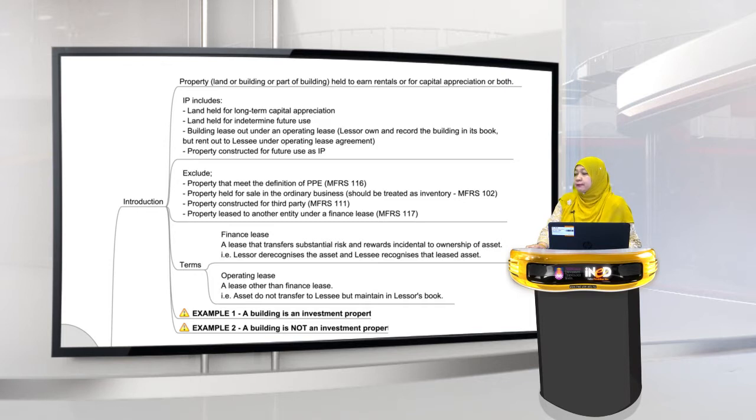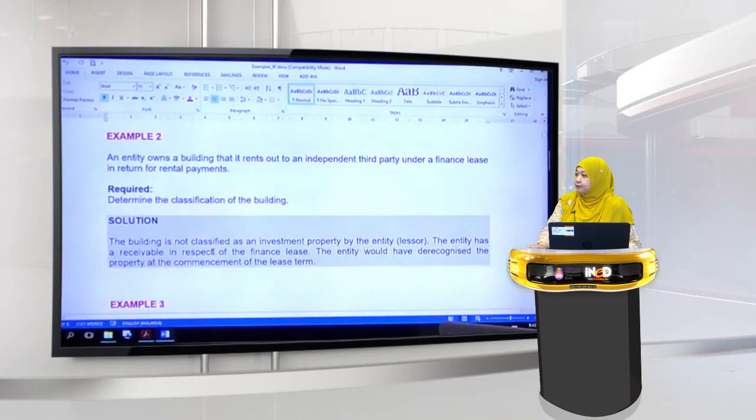So in simple words, we do not have that property with us anymore. If you look at the requirement, where they ask us to determine the classification of this building under a finance lease, then the building is not classified as an investment property by the entity. The entity has a receivable in respect of the finance lease. The entity has to derecognize the property at the commencement of the lease term.